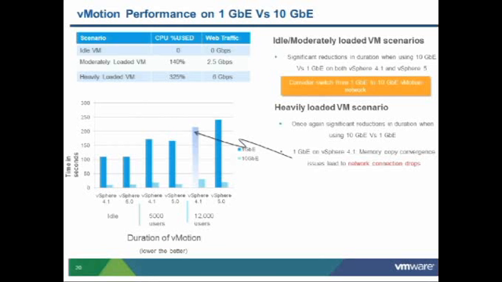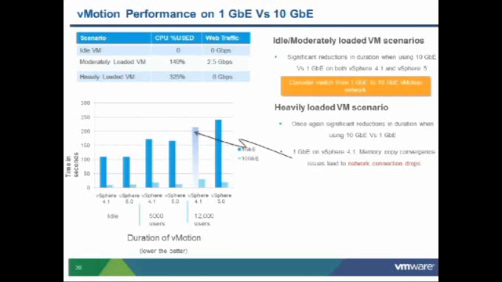As Gabriel mentioned during his overview, we ran into this pathological scenario where the VM was dirtying its memory so fast, vMotion was not able to transfer all these dirty pages on the 1 GB network. And the 1 GB obviously has a 1 GB bandwidth. The VM was churning out these dirty pages faster than vMotion could transfer them on a 1 GB network.